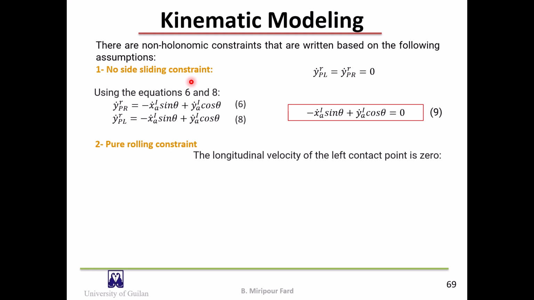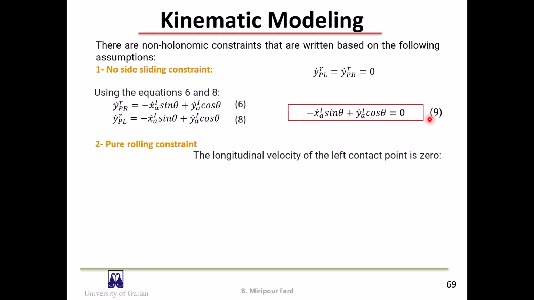There is no lateral sliding for the left and right wheels. We have previously seen that the side velocities of the contact points of the right and left wheels are expressed by equations 6 and 8 respectively. These equations are the same, as you can see. So finally, the no side slipping constraint can be written as equation 9.